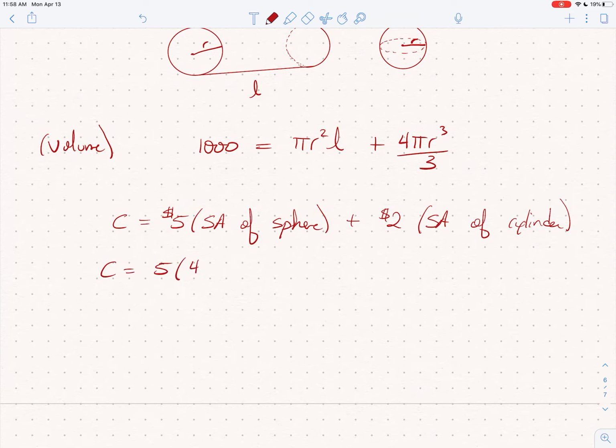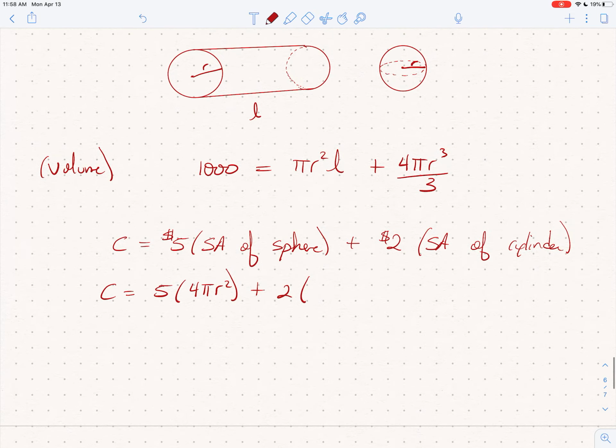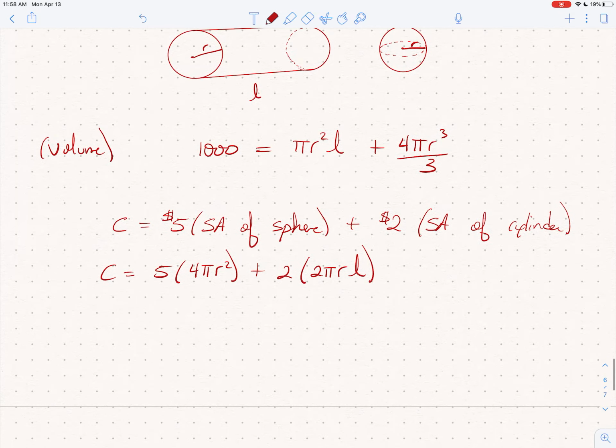So this is $5 times the surface area of a sphere, 4 pi r squared, plus $2 times the surface area of a cylinder. What is that? We just want the outside. We don't care about the ends. So it's just going to be the circumference times the length, 2 pi r times the length. And we can clean this up a little bit and write this as 20 pi r squared plus 4 pi r L.